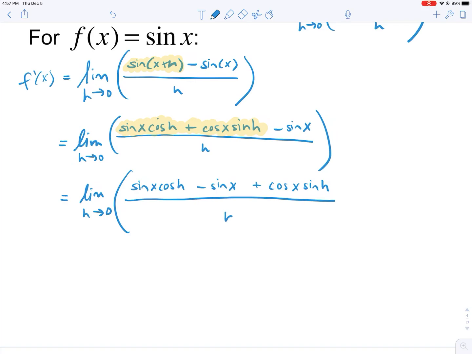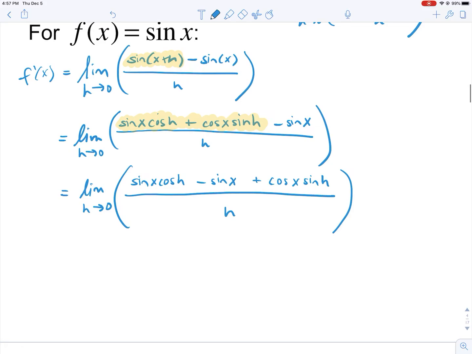And that's still all over h. And then now by the associative property of addition, I'm going to group sine of x times cosine of h minus sine of x.